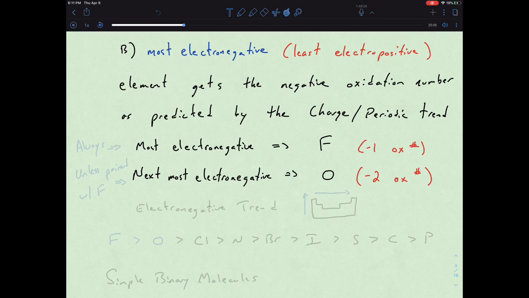For fluorine, it's always the most electronegative. And then for our oxygen, it's the same unless paired with fluorine.